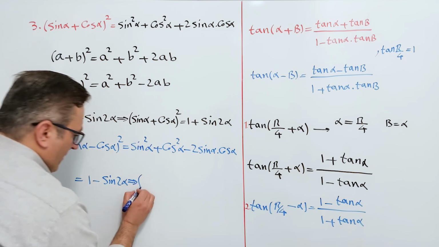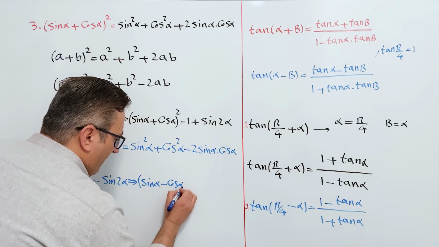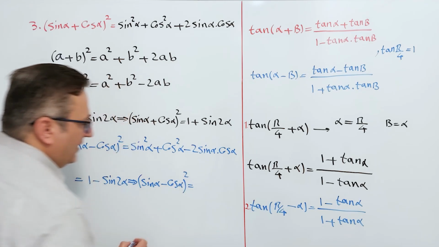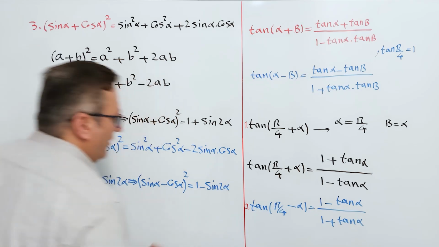So sine alpha minus cosine alpha all squared is equal to 1 minus sine 2 alpha.